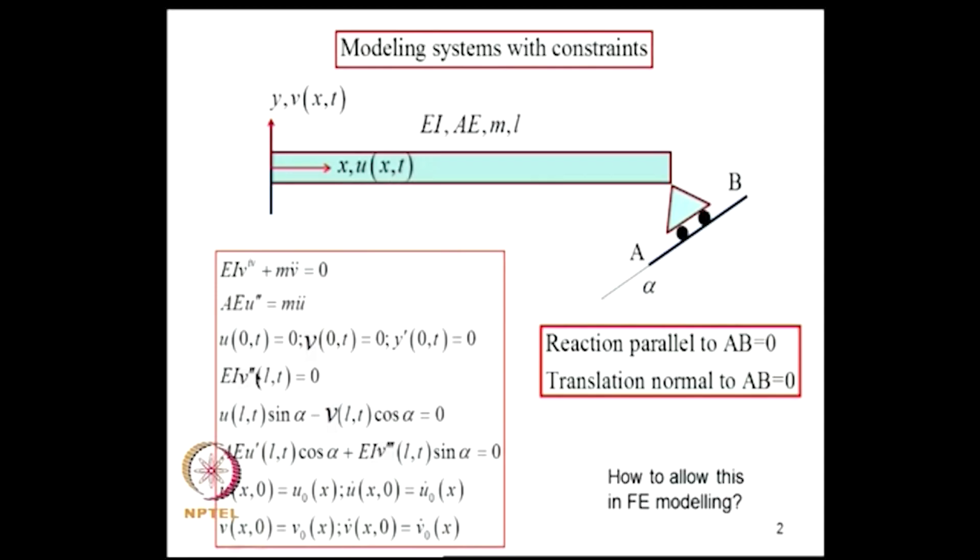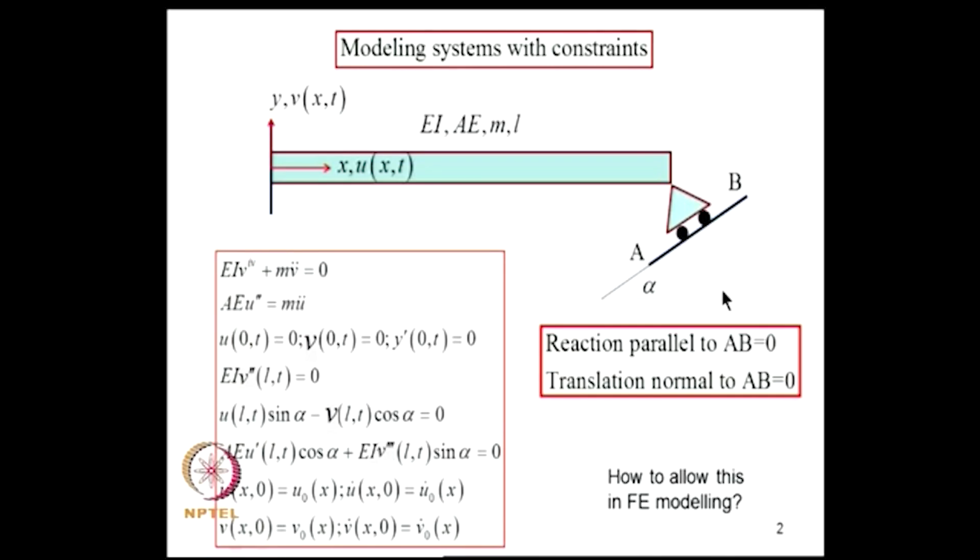Now, the boundary conditions at x equal to 0: u is 0, and v and v prime are 0. Similarly, at x equal to L, the bending moment is 0. When we formulate the equation for the conditions at this end on displacements and reactions, we need to honor two facts, namely reactions parallel to AB is 0, because the roller is in this direction, and the translation normal to AB would be 0.